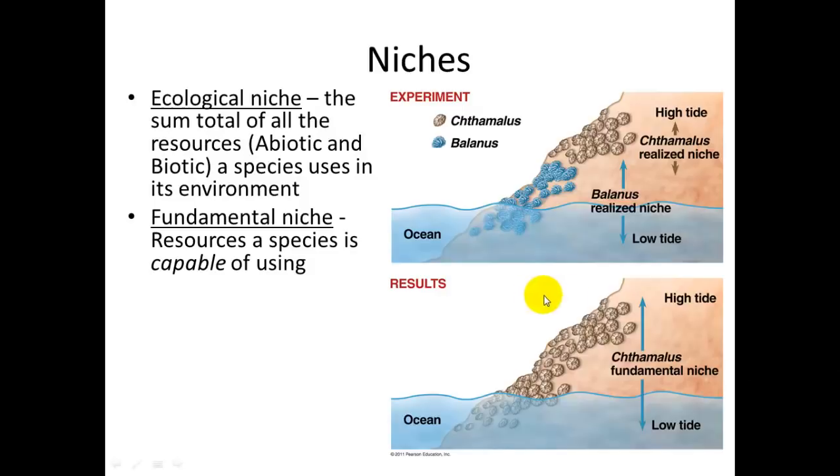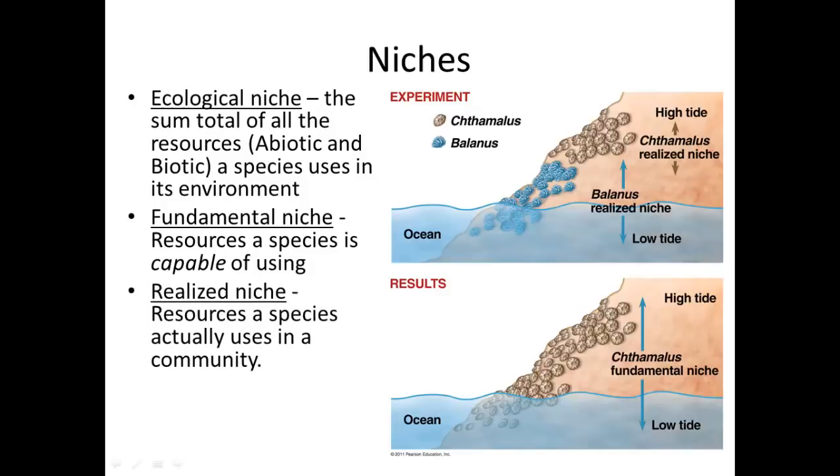Okay, so in this instance we have this Thymalus species, and its fundamental niche is that it can go up and down the intertidal zone into the low tide area. It can actually access all of these resources. But its realized niche is what it actually uses in the presence of other species.